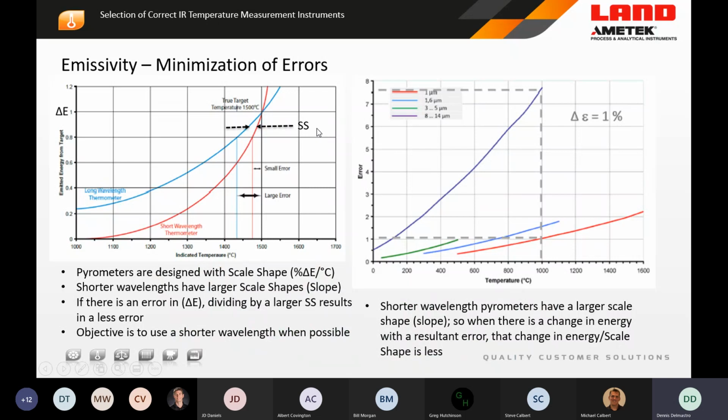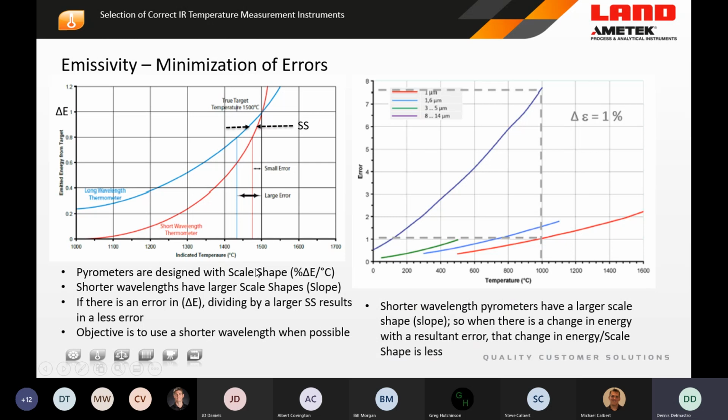Now, since emissivity can cause errors if it's the wrong value, pyrometers, which are designed by competing companies out there, have what they call a certain detection. It's called the scale shape.